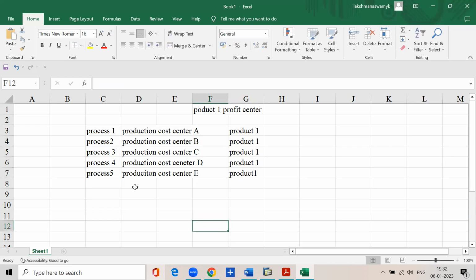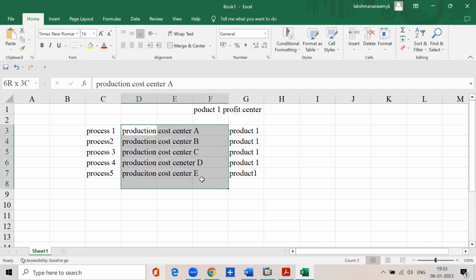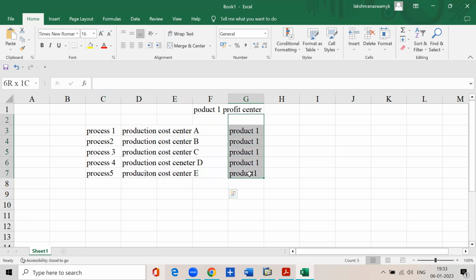At the time of posting expenses, we post to these cost centers. Every cost center is posted with some expenditure every month. At the end of the month, the sum of the costs of these individual cost centers becomes the total cost of the product 1 profit center. That is the reason why we assign the profit center in the cost center master record.